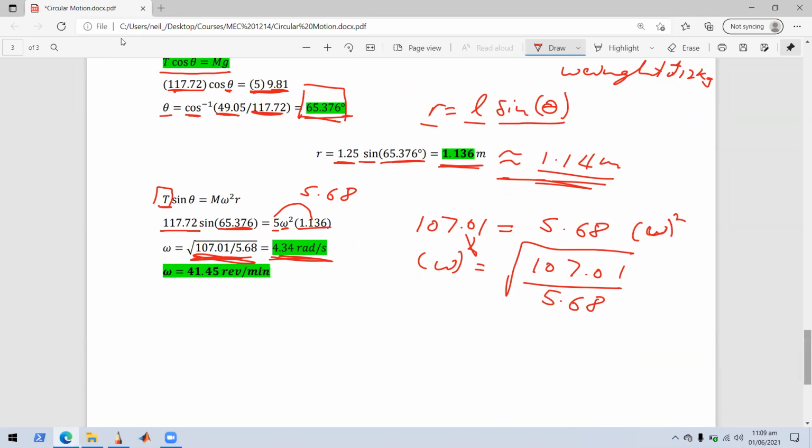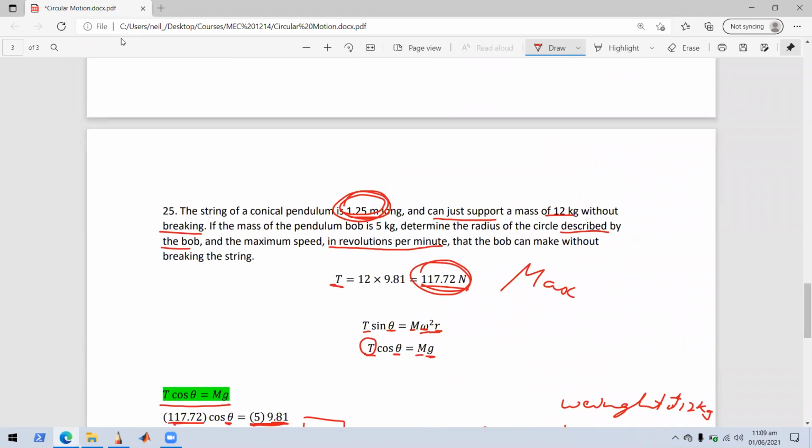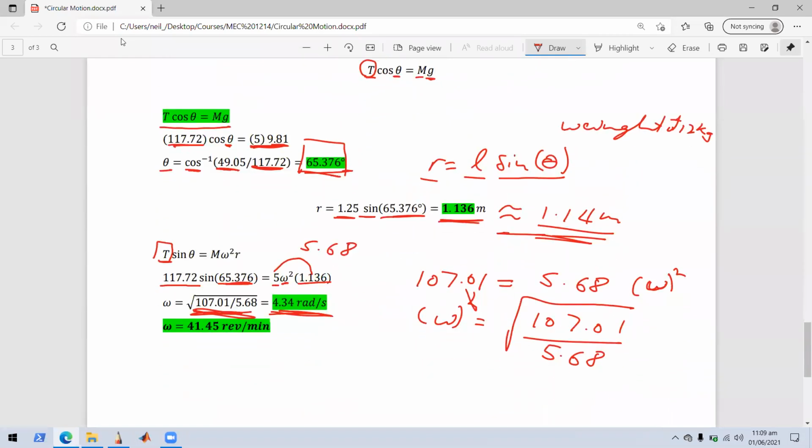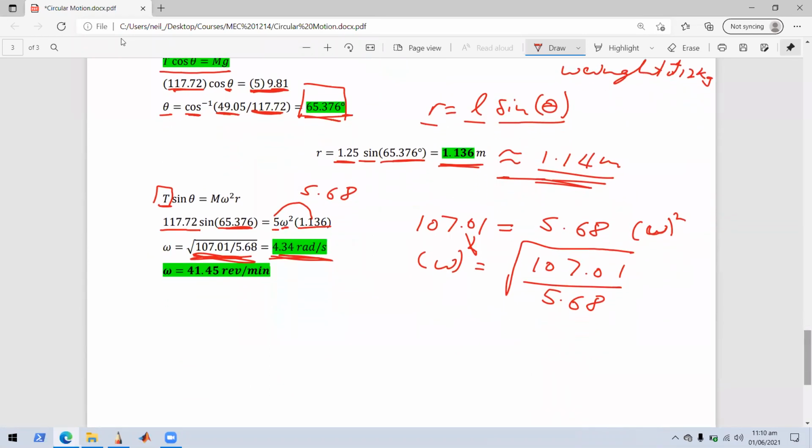The question asks the maximum speed in revolutions per minute. Right? So we need to convert that from rads per second to revolutions per minute. What we need to do is first multiply by 60, to convert seconds to minutes.